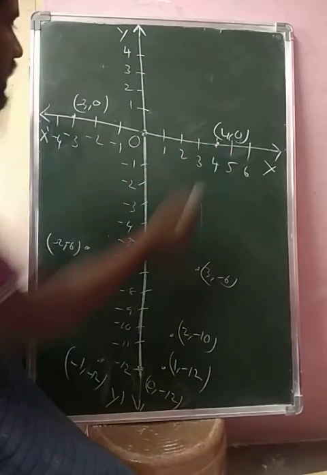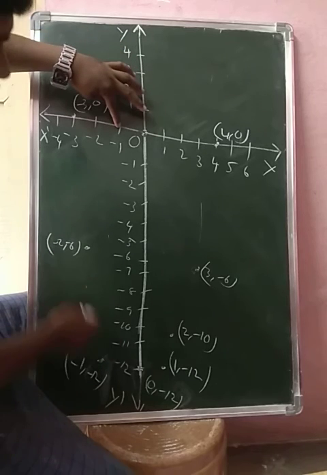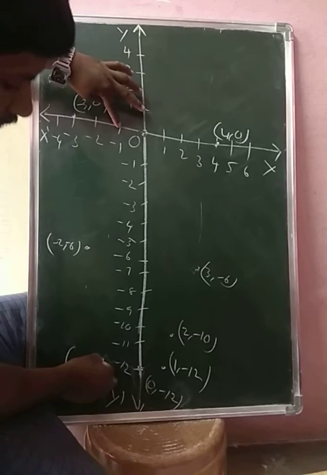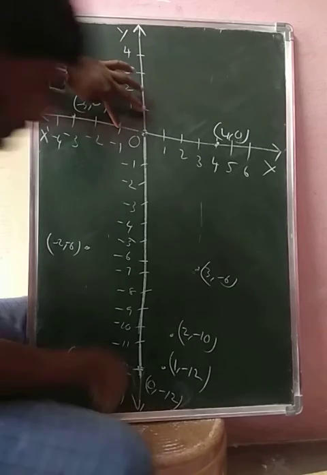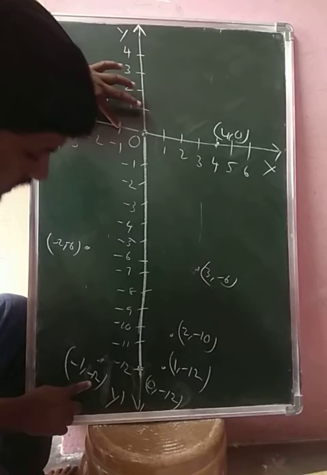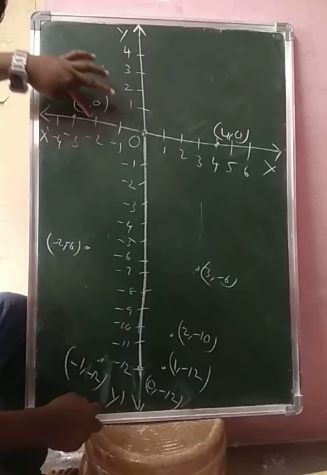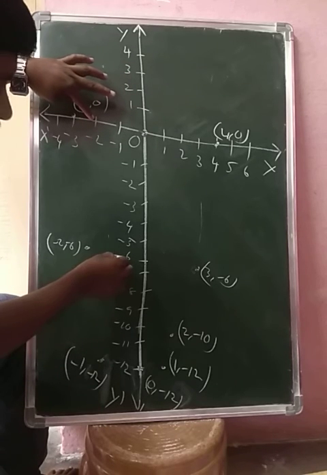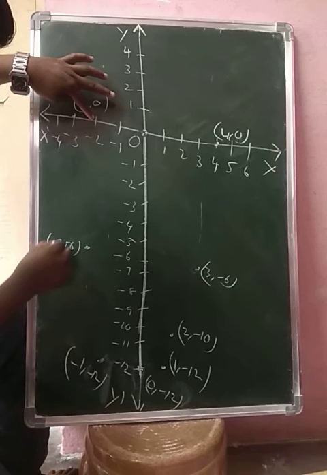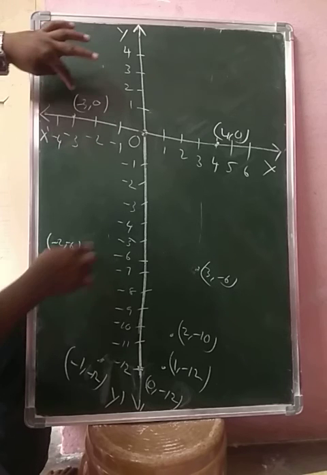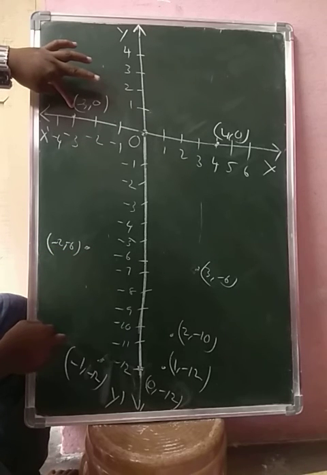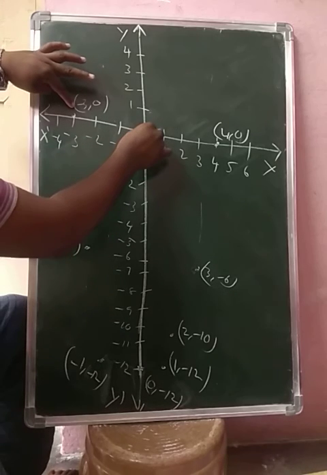And like that, x value is -1, y value is -12. The required point is -1 comma -12. X value is -2, the value of y is -6, that is -2 comma -6. X value is -3, the value becomes 0 only.